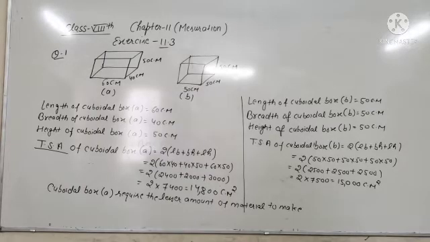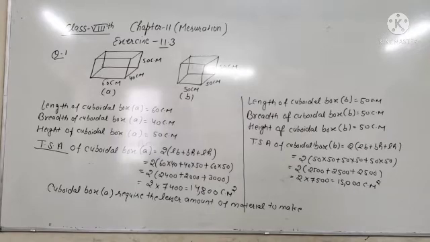Length, breadth and height are given and these are different. So what will be the total surface area? The formula of total surface area is twice of (length into breadth plus breadth into height plus length into height), because in the cuboid box you know very well there are 6 faces.